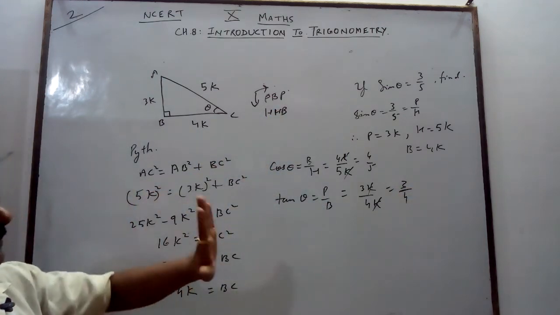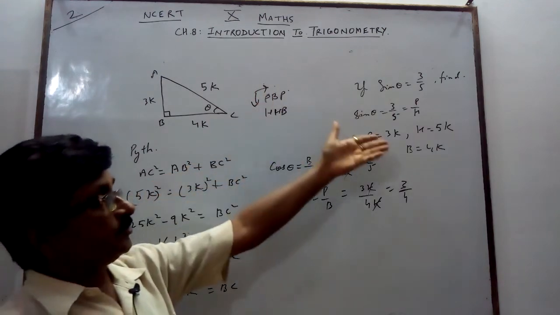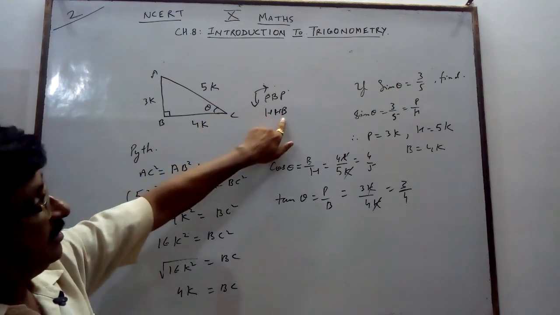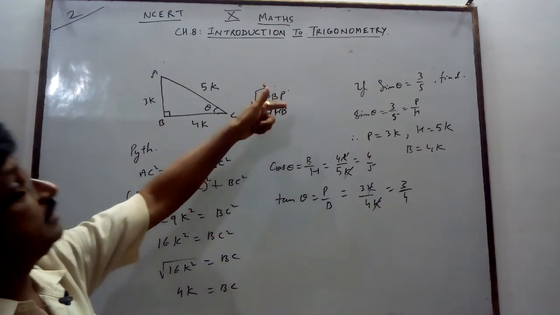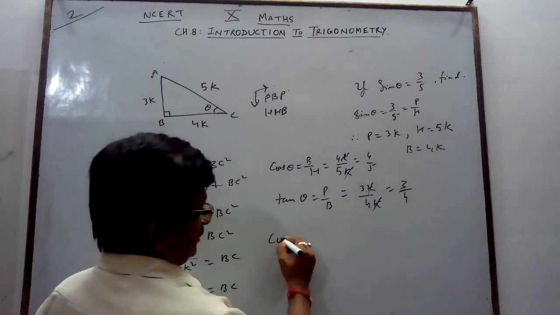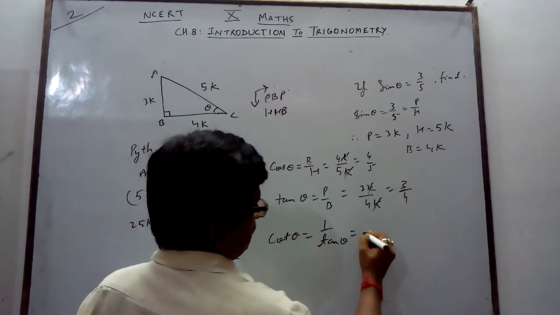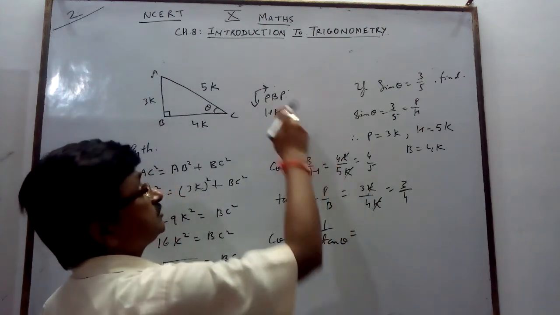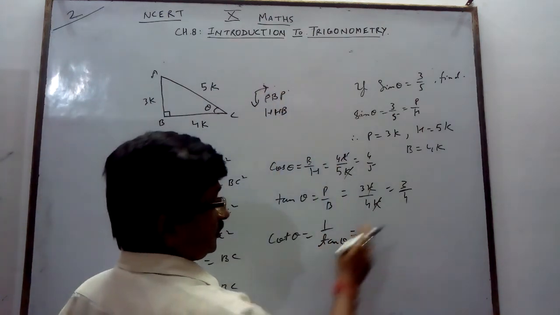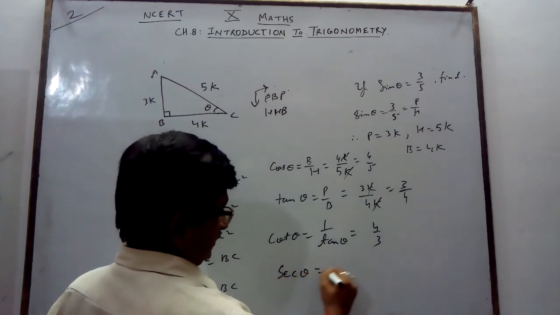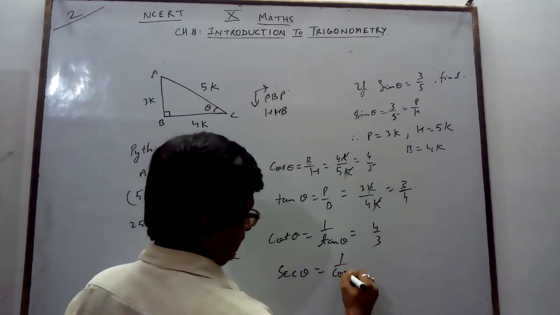The basic ones you have got. I told you the others have a reciprocal relation. So you can get cot theta, which is B by P, directly as 1 upon tan theta. You can solve directly or by this. Tan theta reciprocal will be 4 by 3. Sec theta is the reciprocal of cos theta.